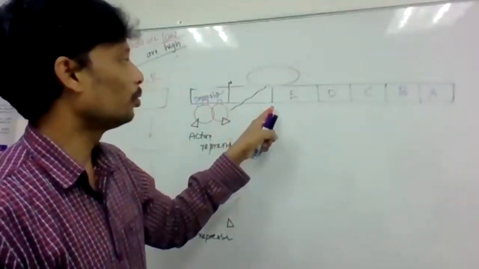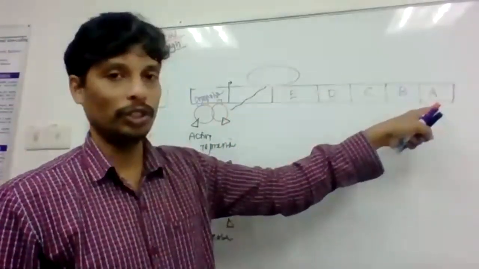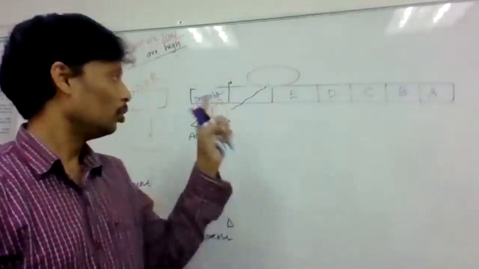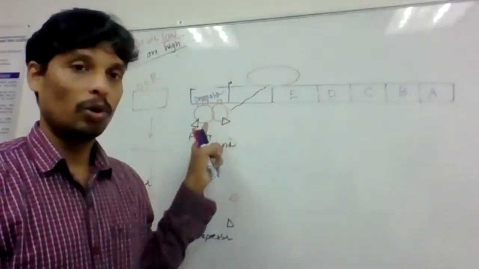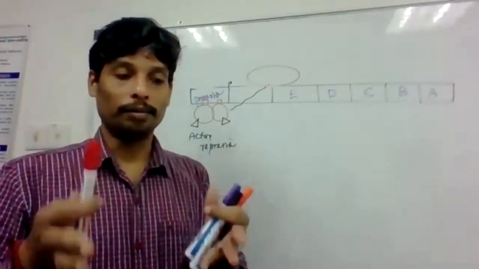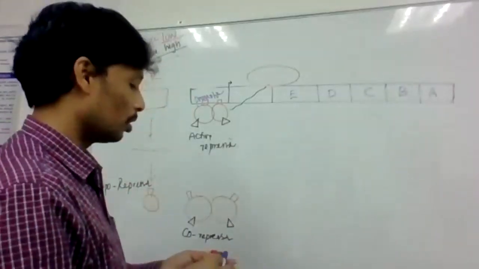So what happens if it keeps going and synthesizing all the genes, which will be translated? It consumes a lot of energy, though the promoter is blocked. So then the cell chooses another screening at the transcription level.